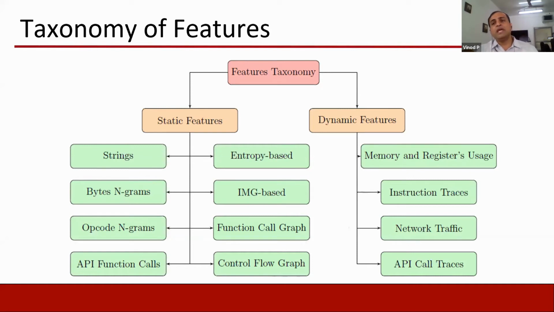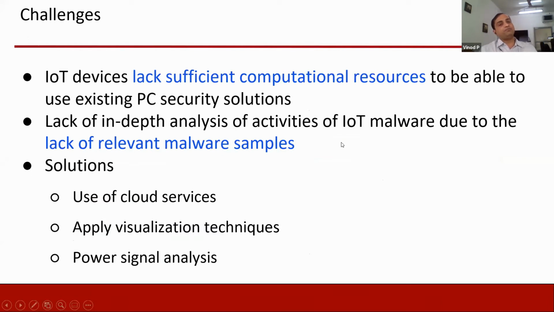Also we can see the flow of information from one machine or device using certain tools like FlowDroid. Primarily what we try to do is extract the malicious footprints that are there in the memory. We look for the instructions, we look for the network packets, and we do an analysis on the network packets. Also we can do a runtime analysis on the API calls that have been invoked by the malicious sample.